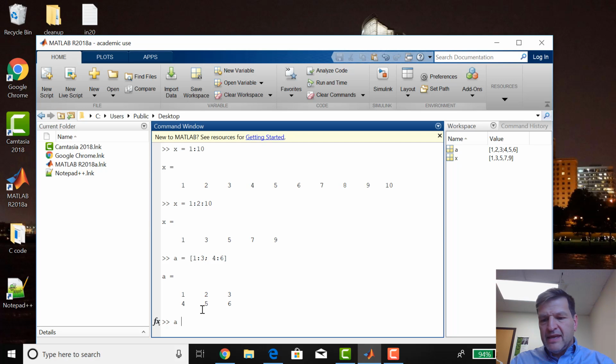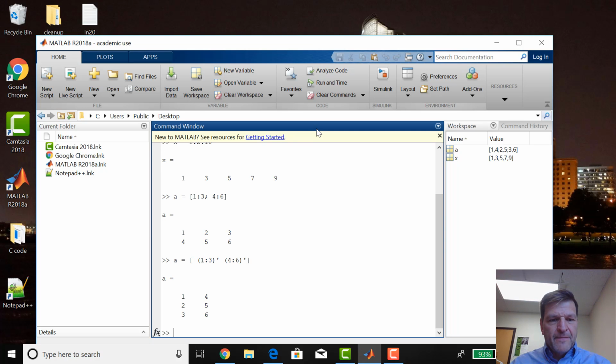Or we could have A equals open square brackets, 1:3 prime, space, 4:6 prime, close square brackets. So space separates columns, and semicolon starts new rows. Semicolon means go back and do a new row, and space means go one column over.